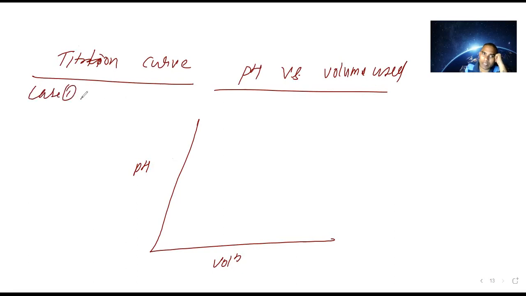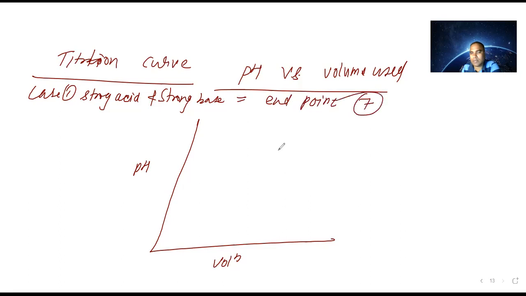Case one, if you are talking about strong acid and strong base, I need a little more time to explain the rest. For strong acid and strong base, the end point is going to be 7.